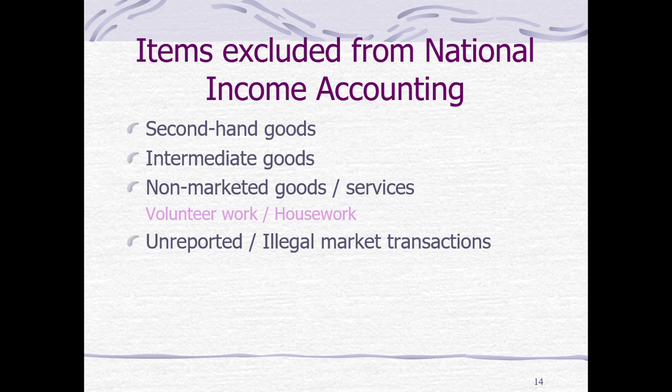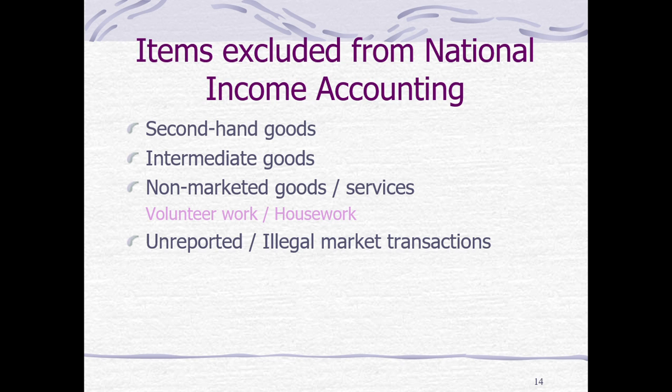Items that are excluded from national income accounting are second-hand goods. Second-hand goods are not included in national income. As I mentioned earlier, intermediate goods, goods that have not gotten to their final stage, are not included. Non-marketed goods or services, and also volunteer work.